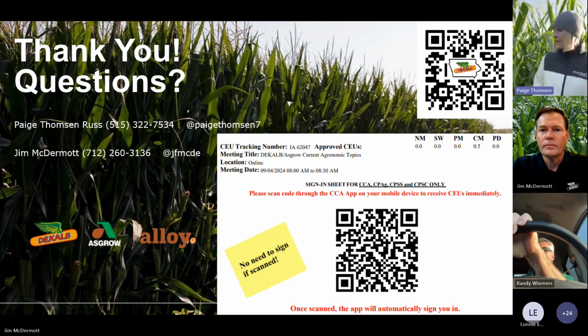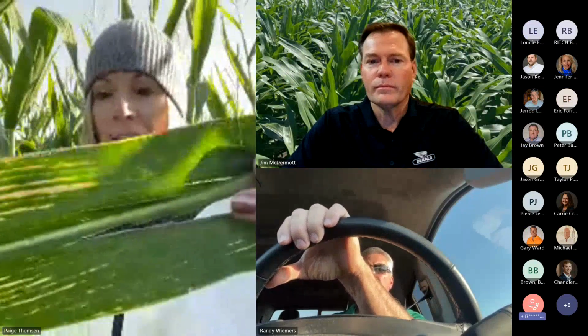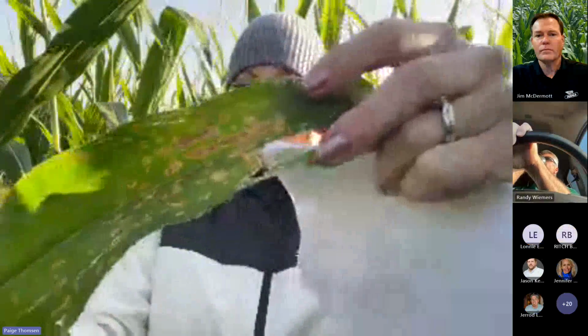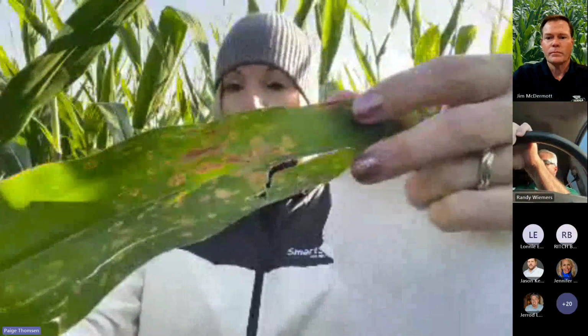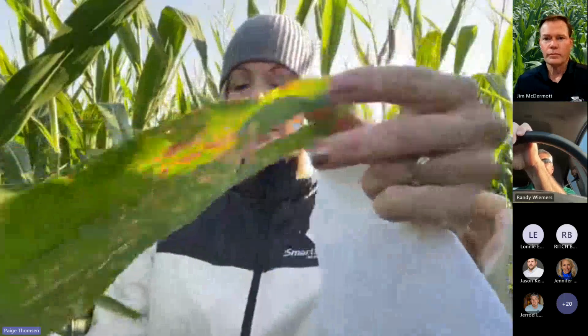But some other things that I found out here, just an abiotic stress, I've been finding a lot of sun scald, and of course been talking a lot about southern rust. I can find quite a bit of separation from those fields that might have a little more susceptible hybrid with southern rust and that did not get a fungicide.